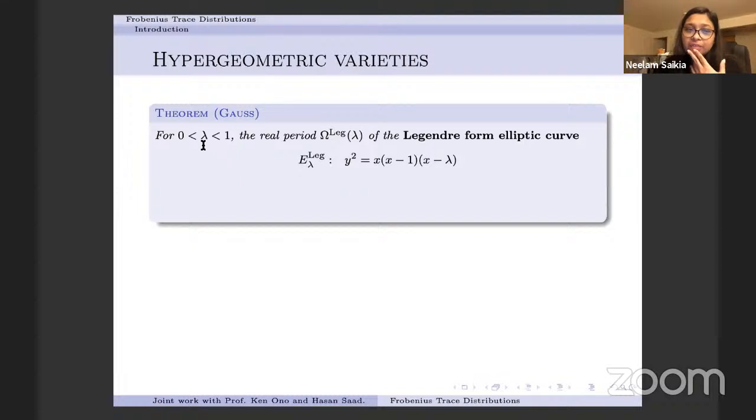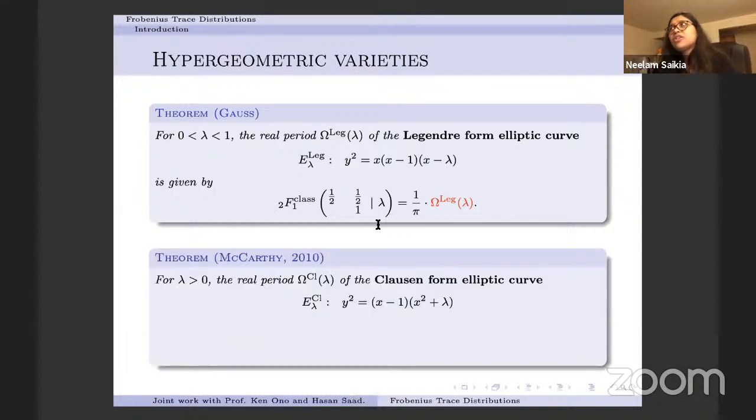If we have this lambda, which is a real number lying between 0 and 1, then the real period of this Legendre form of elliptic curve is given by this 2F1 classical hypergeometric function, where the parameters involved are 1/2, 1/2, then 1, and this lambda. This classical hypergeometric function is connected to the normalized value of the real period of the Legendre form of elliptic curves. So this is a kind of variety we would like to study in our case.